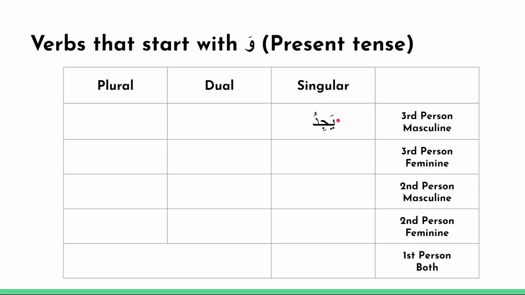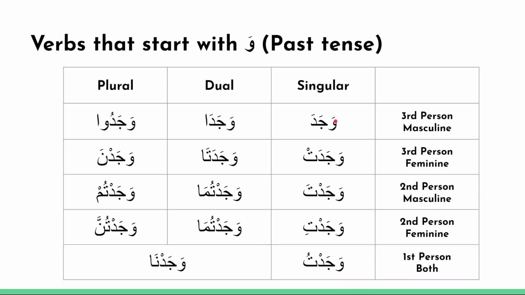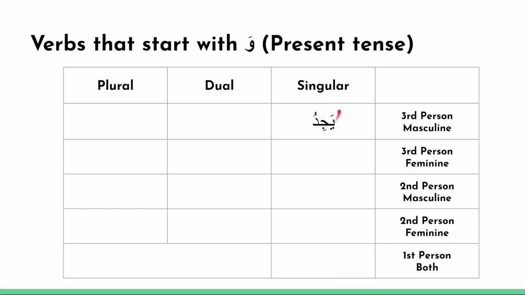Now in this case, we have yajidu instead of yawjidu. So what has happened is that the waw has dropped. And this is what always happens. If you have a verb that starts with waw and you're in the present tense, that waw will drop.